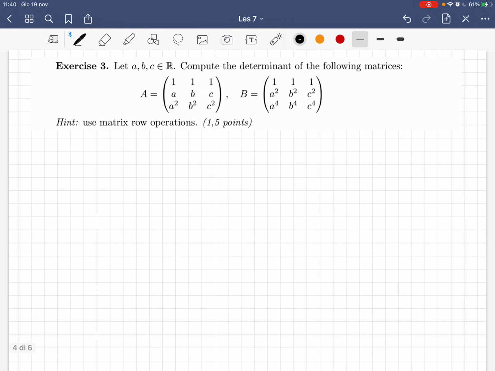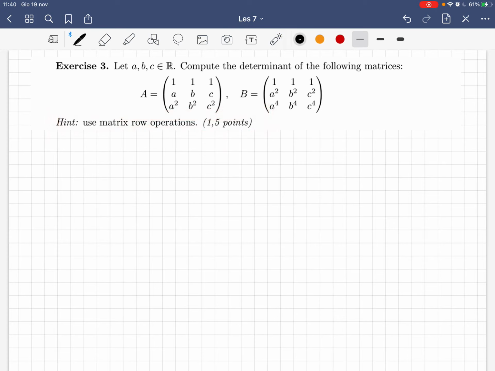So the third one, okay. Now, this is just a computation, but it's a nice occasion to say something more. So, I'm giving you these two matrices, and I'm asking you to compute their determinant. And the hint here is to use matrix row operations.